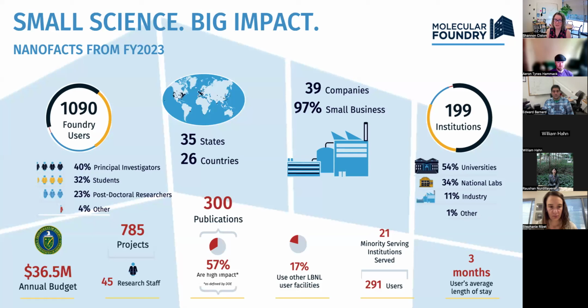You can see that we served 35 states and 26 countries in 2023, and a number of small businesses as well. In total, 199 different institutions, including universities, national labs, industry, were represented. And altogether, those folks put out about 300 publications that acknowledge the Foundry for resources in the work.